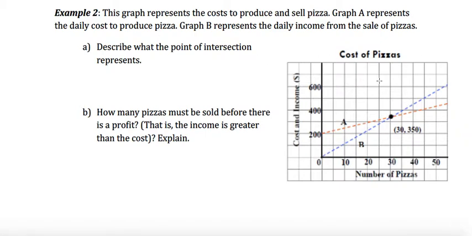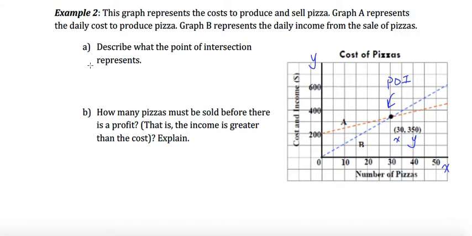So now we're going to describe our point of intersection. So what does that mean in the context of our question? Well, same thing, we're going to look at identifying our variables or our values in our coordinate. So our x value refers to our x coordinate or x axis, which is the number of pizzas, so 30 pizzas. And our y value refers to the y axis, which is the cost and income, and that's in dollar amount, so $350.